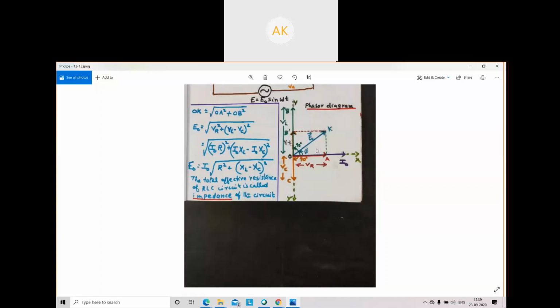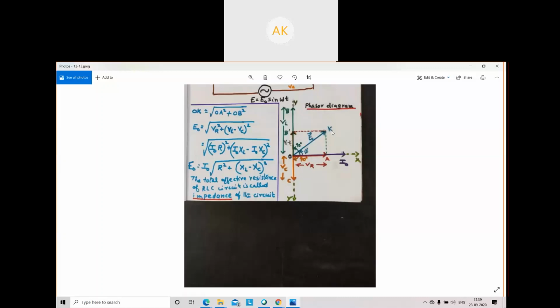Now we have only two vectors: one is VL minus VC, represented by OB dash, and the other is VR. How will you find the resultant? Using the parallelogram law of vector addition.